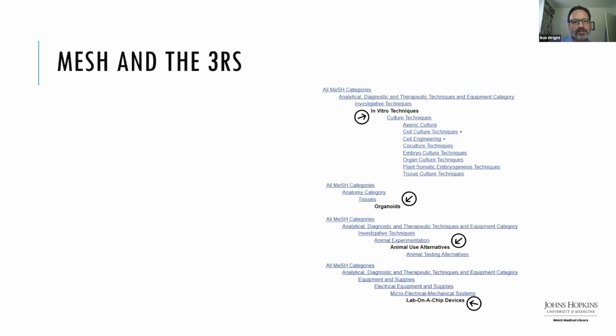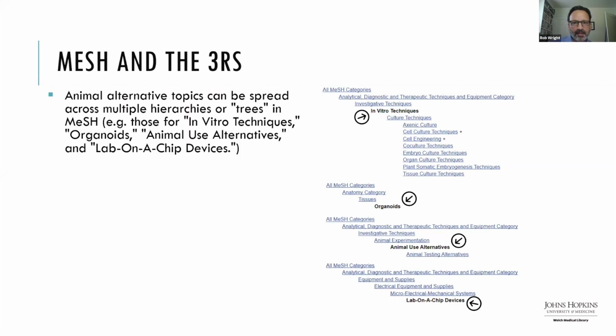So a little bit about MeSH and the 3Rs. What you see on the right-hand side are some hierarchies or trees from the MeSH database for a variety of relevant animal alternative terms. And as you can see, these are spread out across multiple hierarchies or trees.